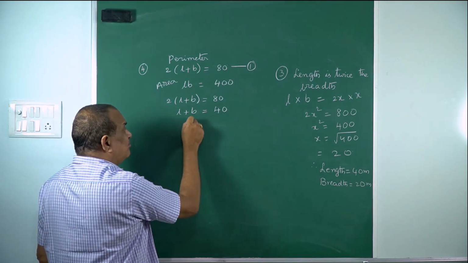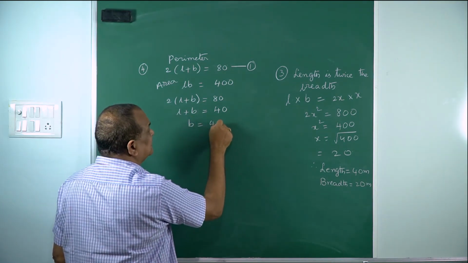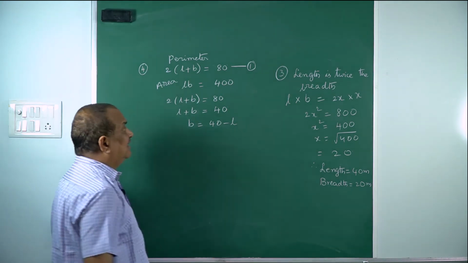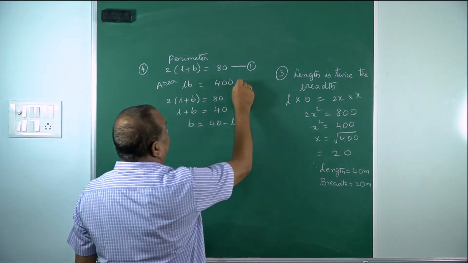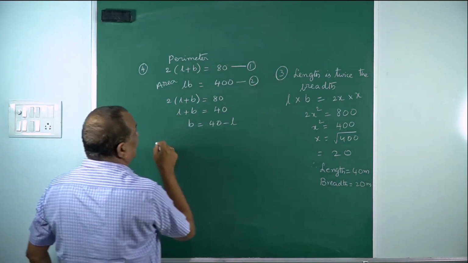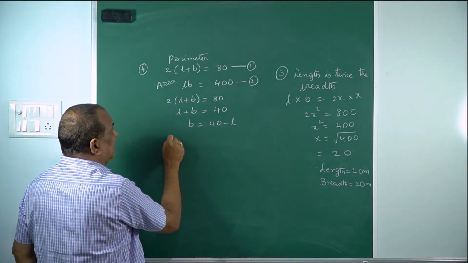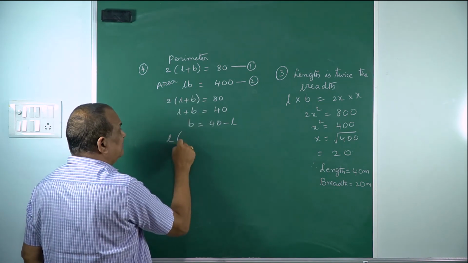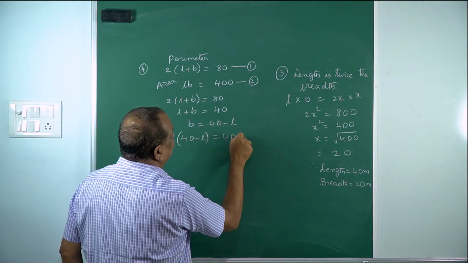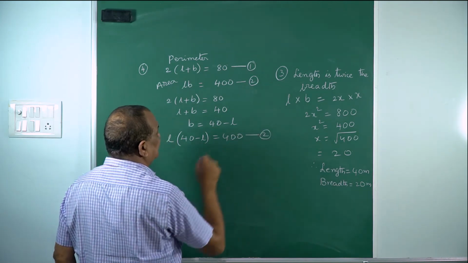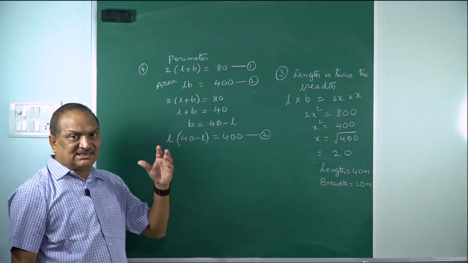And wherever I have B, I can write 40 minus L. And this I want to substitute in the second equation. Length I don't know, L. In place of B I can write 40 minus L, and that is 400. That's the second equation. I substituted the value of B in the second equation.